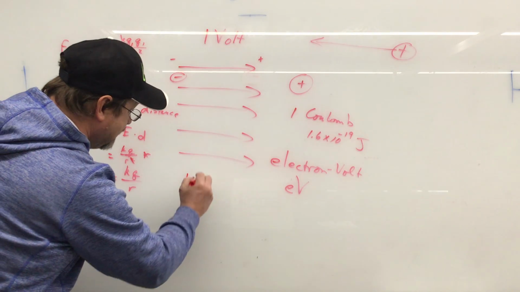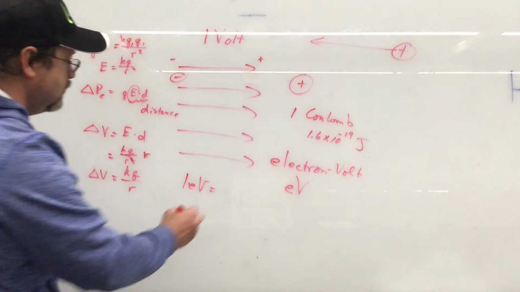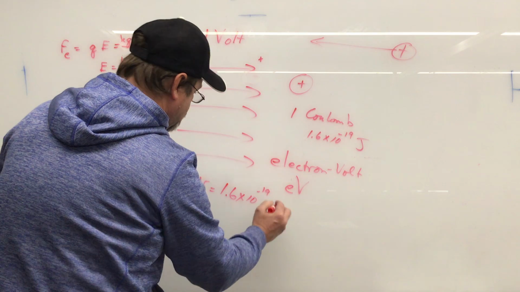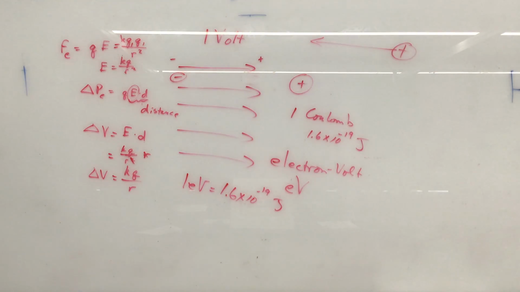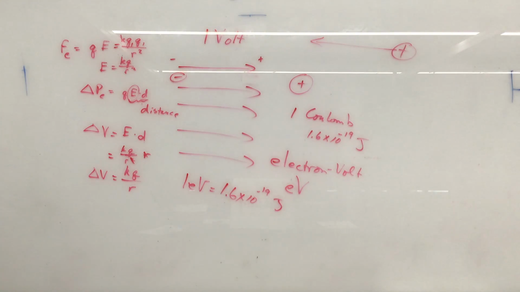And it turns out that 1 electron volt is equal to this 1.6 times 10 to the minus 19 joules. So that's a conversion that we can use, and frequently it would be more convenient for us to talk in terms of electron volts than in terms of joules in these cases, because the amounts of energy we're talking about are so small.